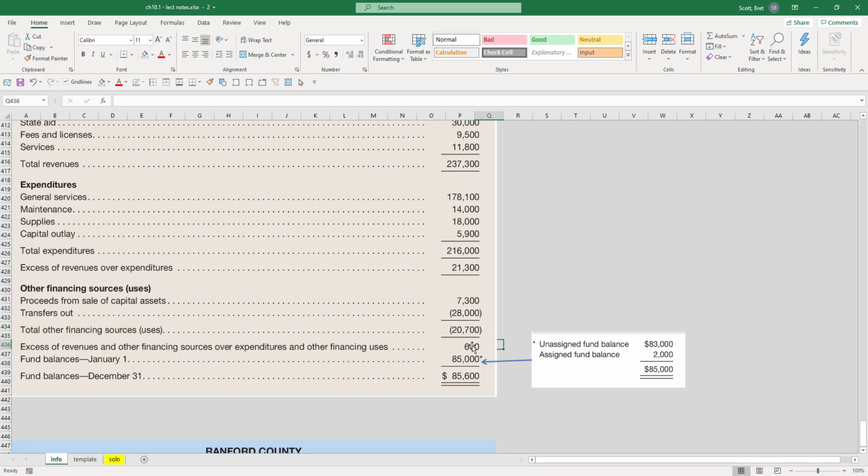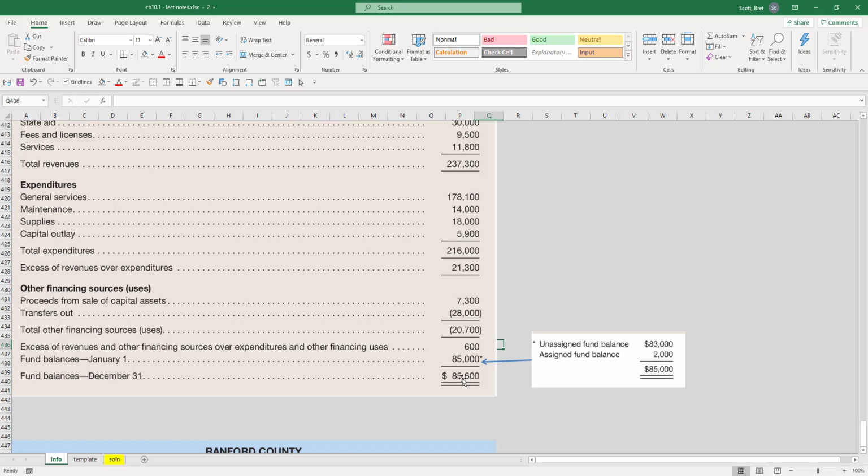But then for governmental purposes, we kind of deviate from that and do a cash flow roll forward, where we say, well, what were the beginning balances of the unassigned fund? So we have unassigned fund balance of 83, and there was the assigned fund balance of 2 million. So we started off the year with 85 million.